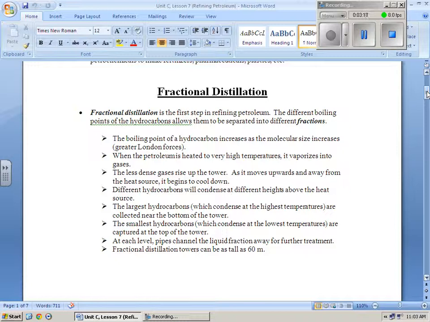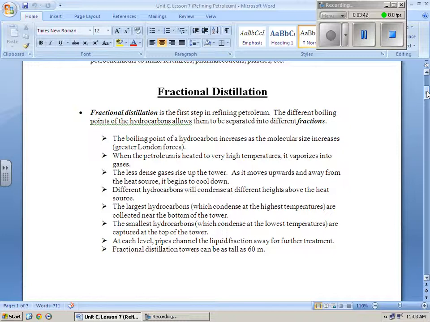Okay. The largest hydrocarbons will condense at the highest temperatures, so they will condense usually very close to the heat source. The smallest hydrocarbons will condense at the very top of the fractional distillation tower, because they have the lowest melting and boiling points. If you think about boiling point, what is that? It turns from a liquid to a gas.